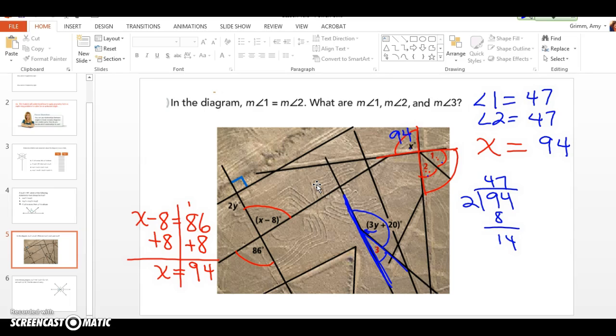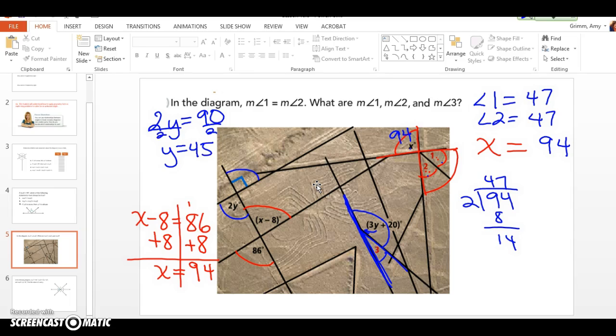So this one? This is vertical with this. So what would be my equation for that? Oh, there we go. Now we're getting somewhere. So what does y equal? Don't you divide both sides by 2? 45, right? Okay, so now let's go back to that one.